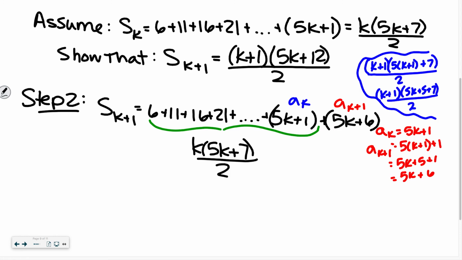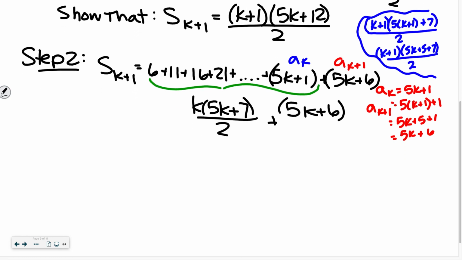All those terms added up, the sum of k terms, we have already assumed to be true by the formula. And we just have to add 5k plus 6, because we need an extra term.